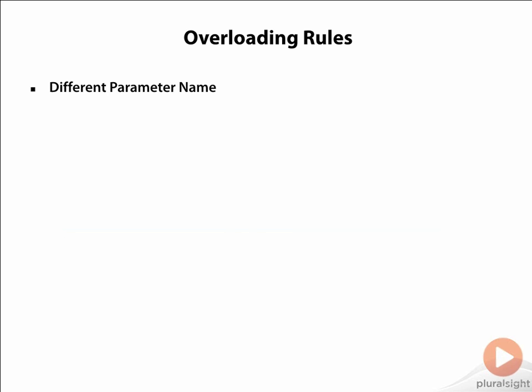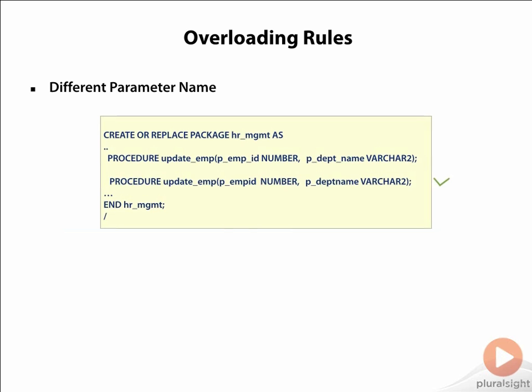You can also overload if, everything else being the same, the parameter name is different. Here, both the update EMP procedures contain two parameters, the first being a number and the second a varchar2, but you can still overload them as the second parameter is named differently for the two of them.